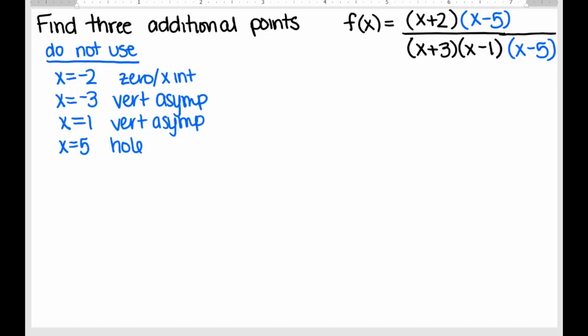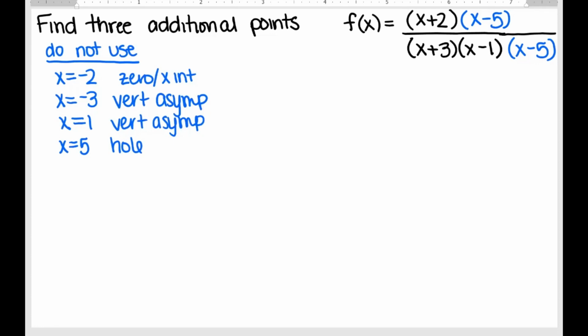Now, the next thing that we are tasked with doing is to find 3 additional points on our graph. I've rewritten our function. It was x plus 2 times x minus 5 all over x plus 3, x minus 1, x minus 5. Now, you may be wondering, wait, that's our original unsimplified.